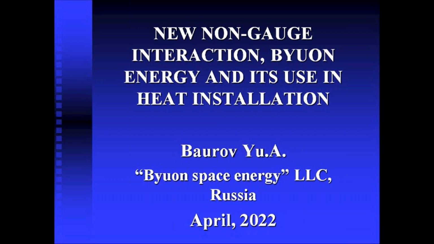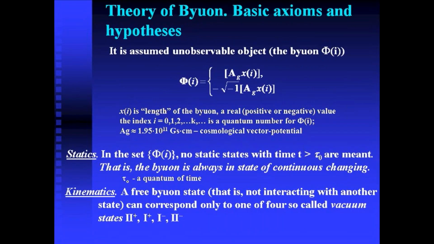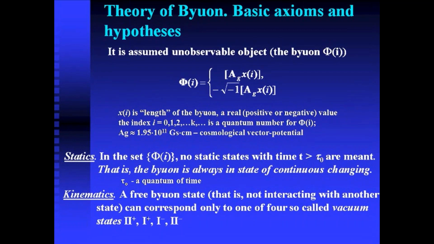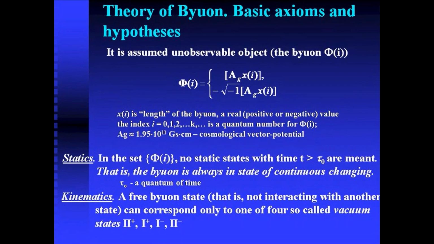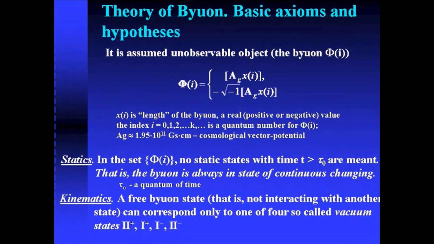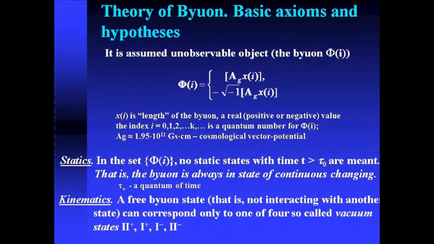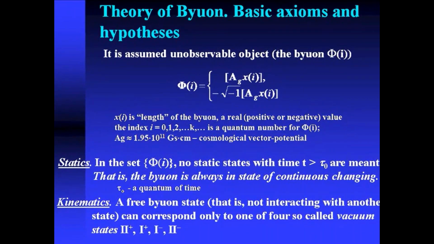We can see the expression for gluons which contain cosmological vector potential, a new fundamental vector constant, and the length as its quantum number.